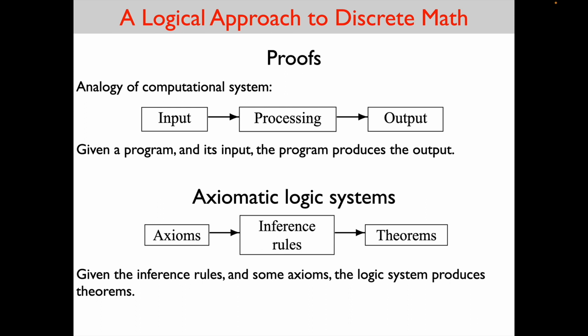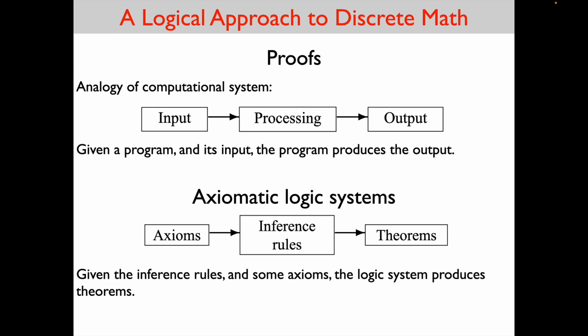In the same way, remember we had an analogy of computational systems where a program processes input and produces output. Well, here we're going to see exactly how these 4 inference rules are used to produce this theorem from these 3 axioms. So this is an example of an axiomatic logic system.